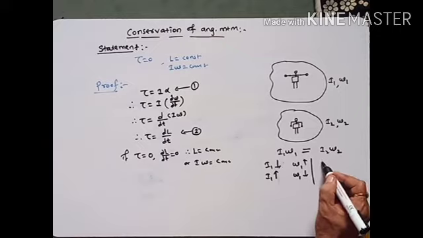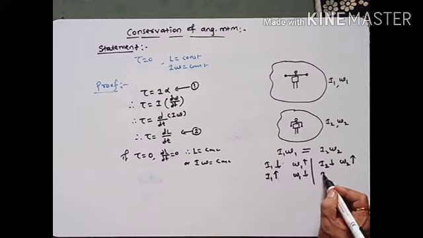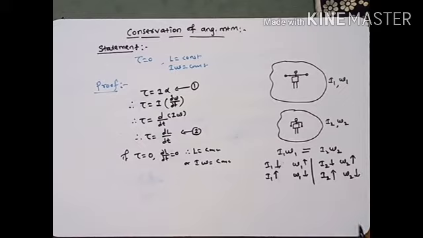Similarly, if I2 decreases, omega 2 increases; if I2 increases, omega 2 decreases. That means whenever moment of inertia decreases, angular velocity increases, and whenever moment of inertia increases, angular velocity decreases. This is all about the conservation of angular momentum.